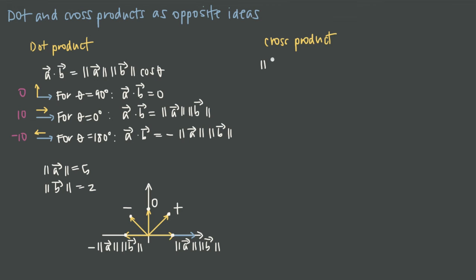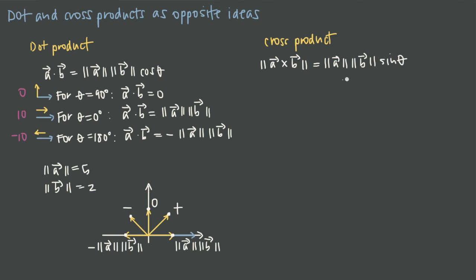We say that the length of the cross product of a and b is equal to the product of their lengths, so the length of a multiplied by the length of b, and then we multiply that by sine of theta, where theta is the angle between them.